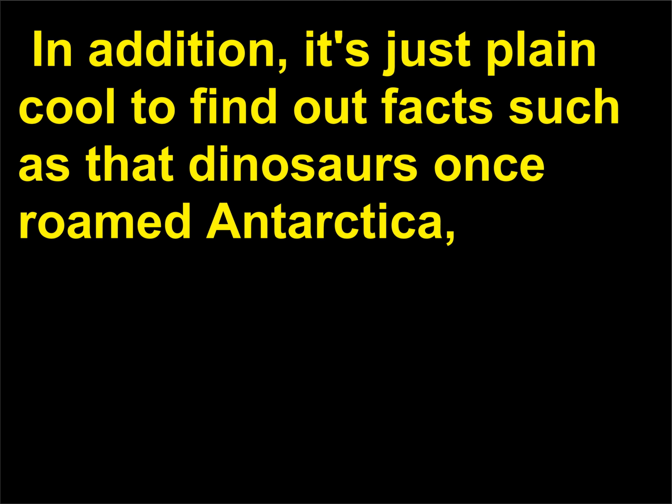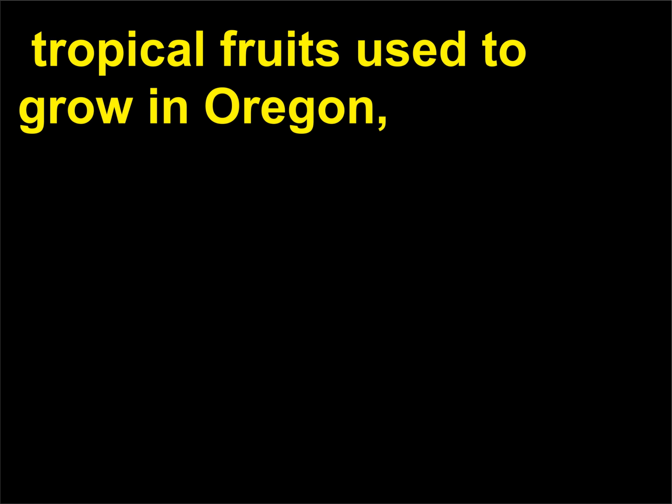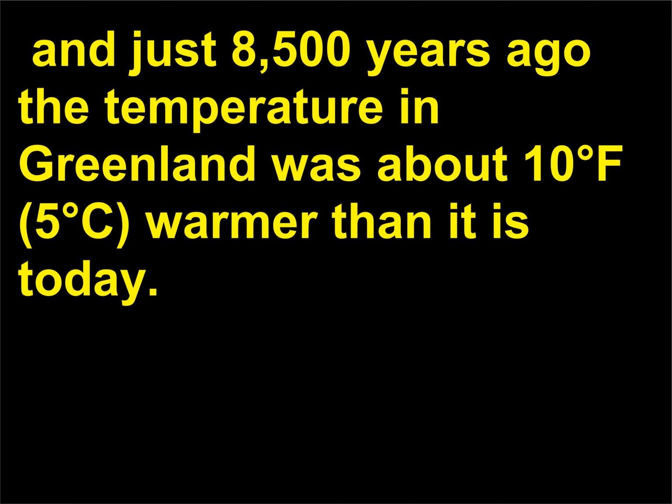In addition, it's just plain cool to find out facts such as that dinosaurs once roamed Antarctica. Tropical fruits used to grow in Oregon. And just 8,500 years ago the temperature in Greenland was about 10 degrees Fahrenheit, 5 degrees Celsius, warmer than it is today.